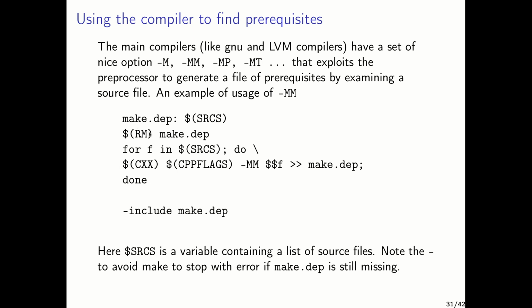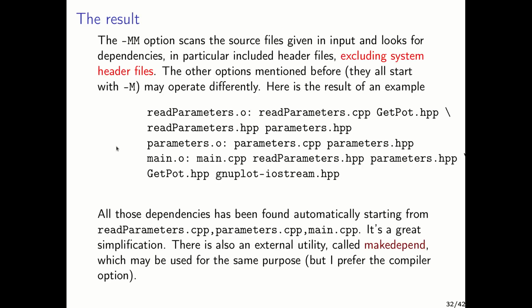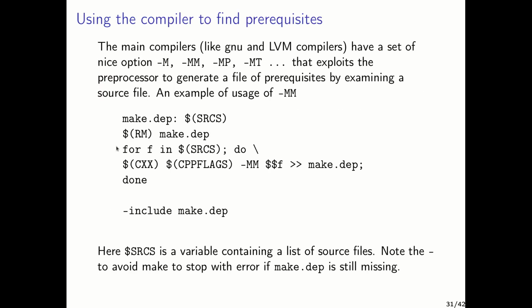And which are the rules to generate this file? Well, the rules are here, and here I forgot to put the tab. But now you remember that you have to put a tab. Remove make.dep, remove the old ones, and then for all files, this is a bash script. Okay, this is a bash script.